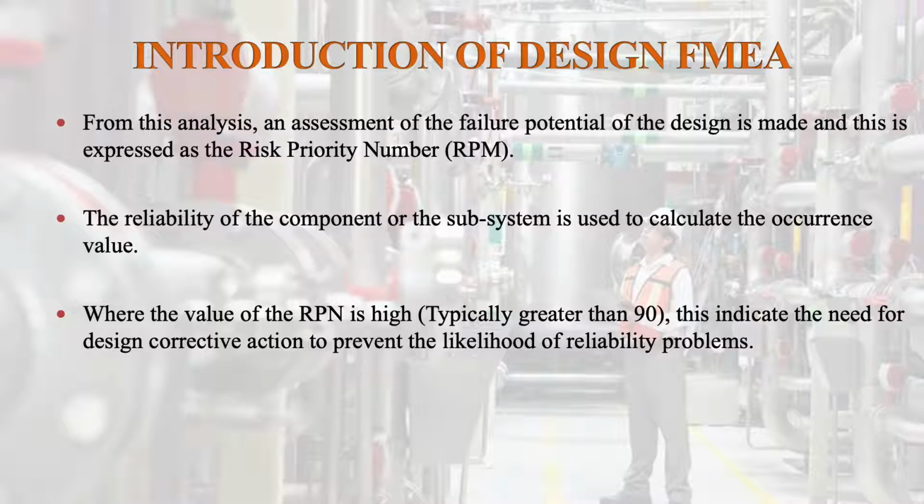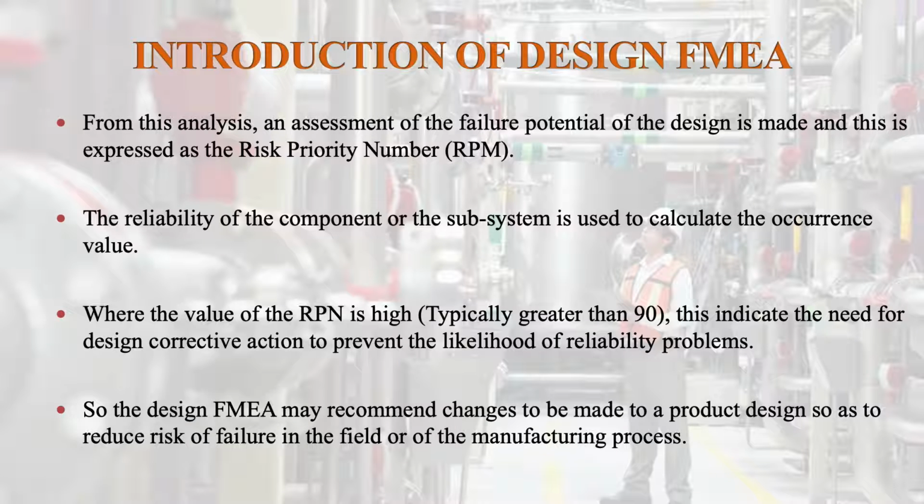It will be measured as the risk priority number, where the value of the risk priority number is high. This indicates the need for design corrective action to prevent the likelihood of a reliability problem. So the Design FMEA may recommend changes to be made to a product design so as to reduce the risk of failure in the field or of the manufacturing process.